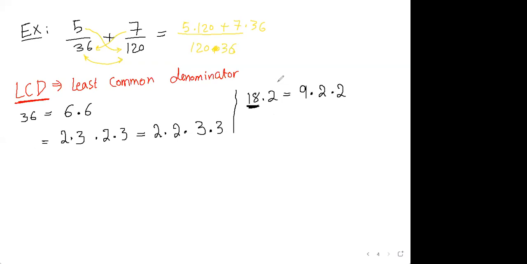The 9, I can factor again as 3 times 3, and this 2 comes down again. So this is similar to this, but with different factors. Okay? Any questions?